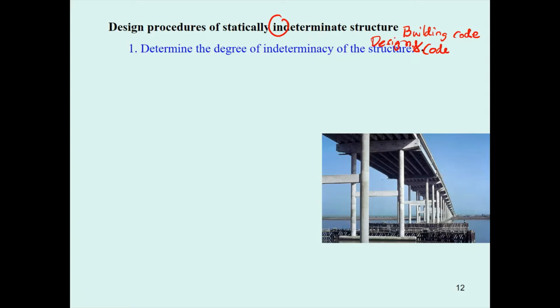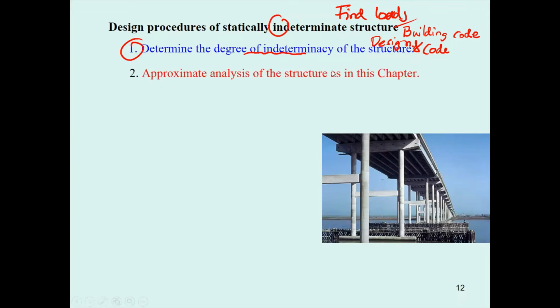You have to understand how to find the load acting on the structure. And then after finding the load, you have to determine the degree of indeterminacy of the structure to know how you are supposed to set up the condition in which you change the statically indeterminate structure to be statically determinate. I will tell you later.